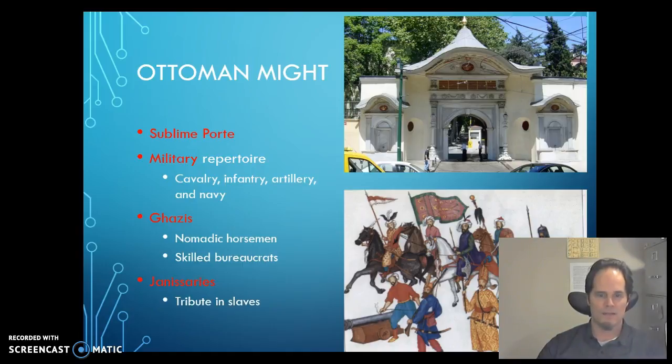They take them back to Constantinople and they essentially begin the transformation of these abducted individuals, and they integrate them into Ottoman culture and, more importantly, into the Ottoman governmental machine.